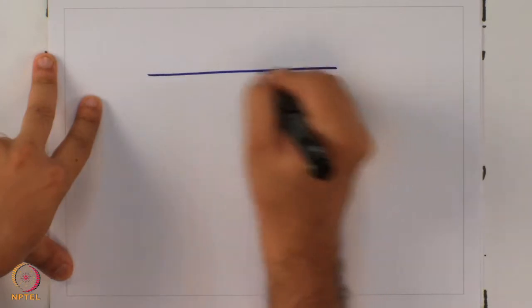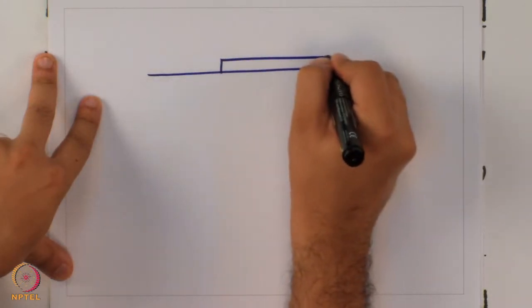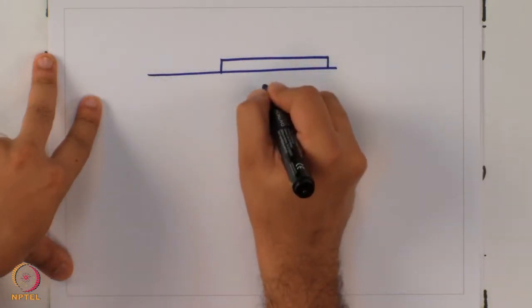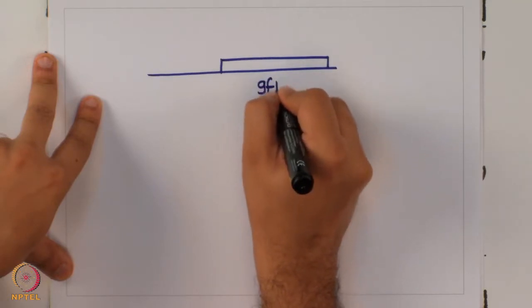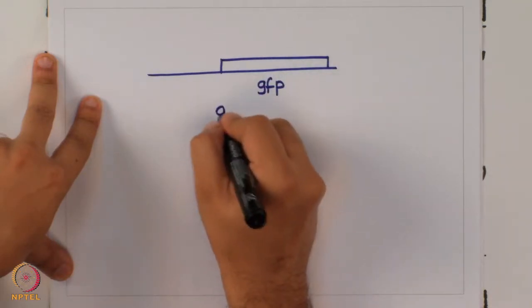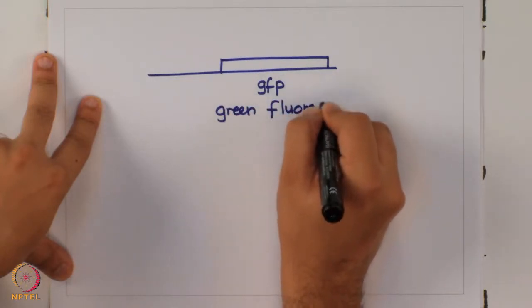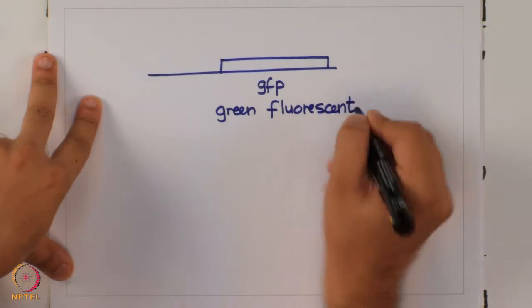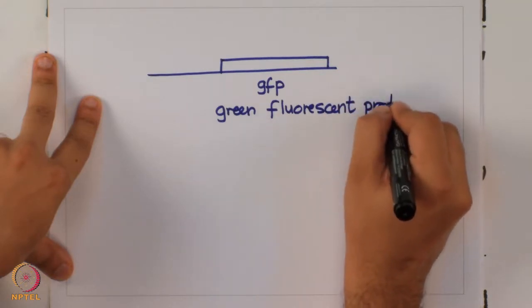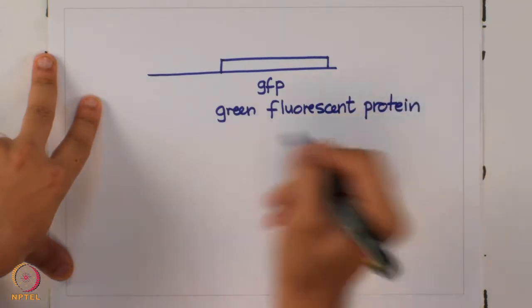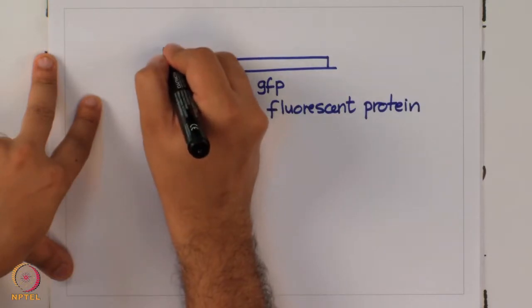And the system that we are going to talk about is, let's say we have a gene, and this gene is GFP, which stands for green fluorescent protein, and there is a promoter sequence here.